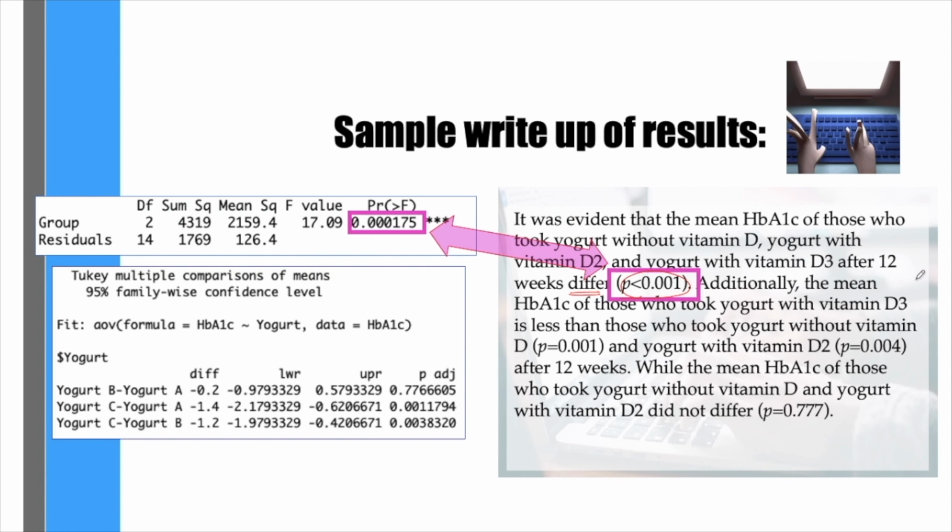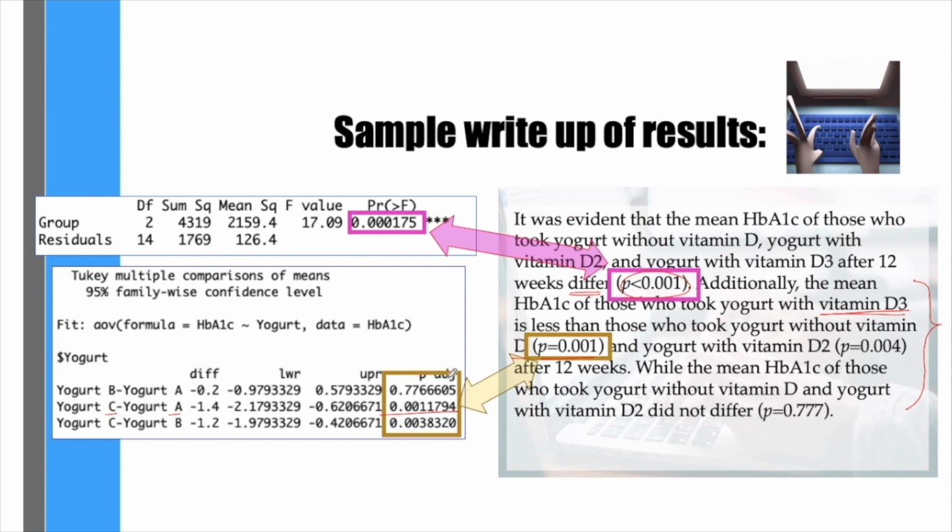And then what follows here is basically the result of the Tukey's HSD, that the mean HbA1c of those who took yogurt with vitamin D3, meaning this is yogurt C, is less than those who took yogurt without vitamin D. So this is C versus A, with a p-value of 0.001.